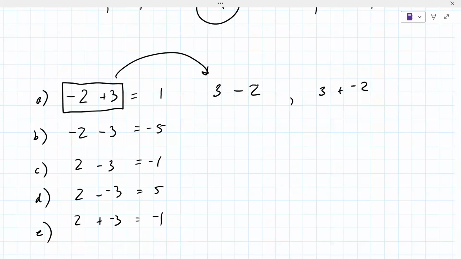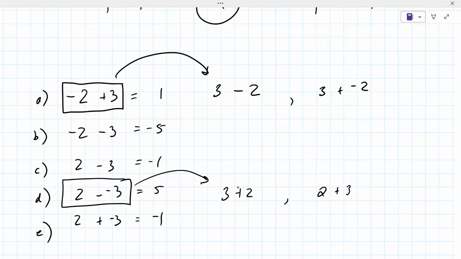All right. Can you give me another way to write B? -3 minus 2. That gives you -5. Three plus 2.